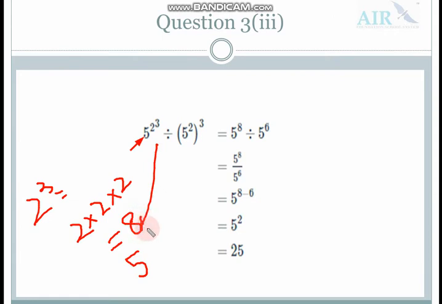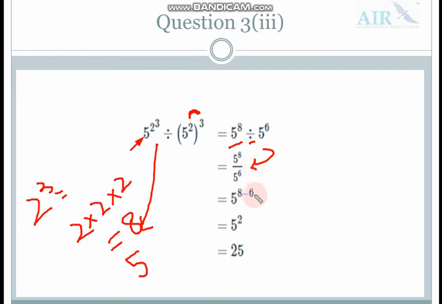So in this scenario 2 power 3 is 2 into 2 into 2, that's why you have to write it as 5 power 8 divided by, here we have 5 power 2 into 3. Here according to the law of exponent your 3 will be multiplied with 2, so it will become 5 power 6. So this is basically a division sign, you can write it in fraction form.